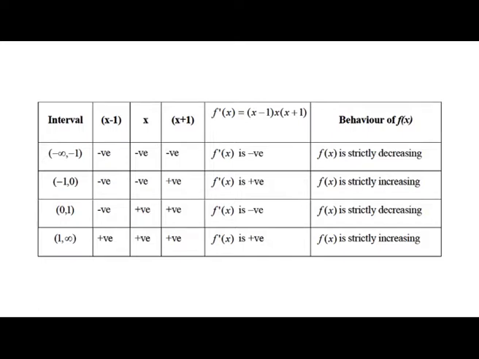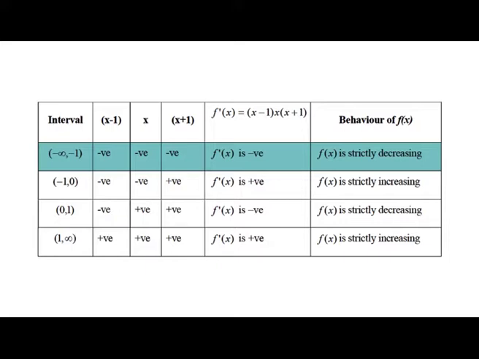Without taking particular points in each interval, the above conclusions can be drawn from the following table. In the interval minus infinity to minus 1, x minus 1 is negative, x is negative, x plus 1 is negative. Therefore, their product f'(x) equal to x(x minus 1)(x plus 1) is negative.